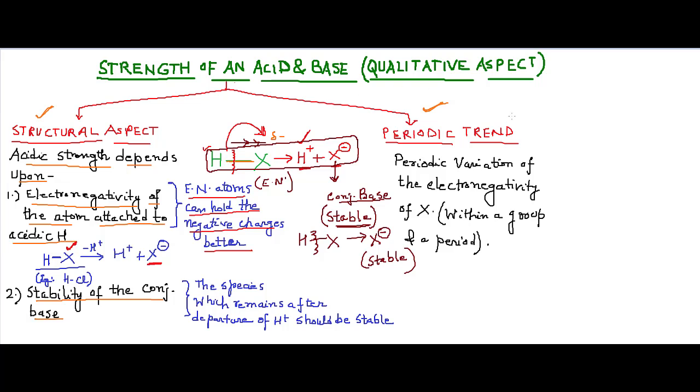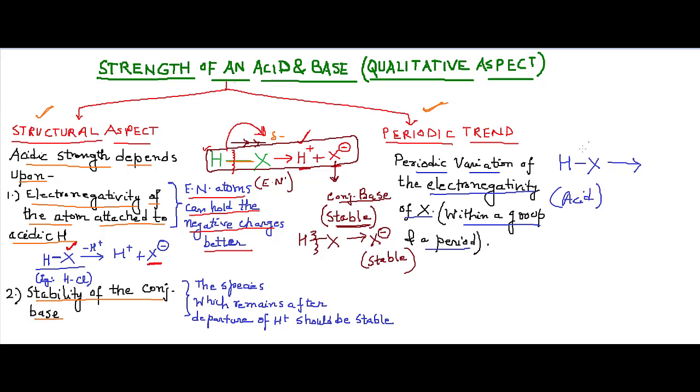Then coming to the periodic trend. The periodic trend will discuss mostly the periodic variation of the electronegativity of X within a group and a period. That means the X atom, the atom which is attached to hydrogen in an acid.